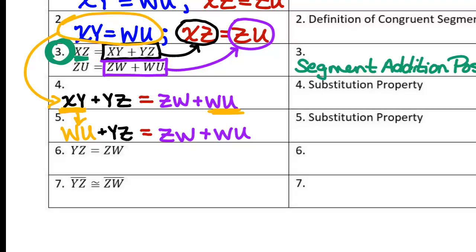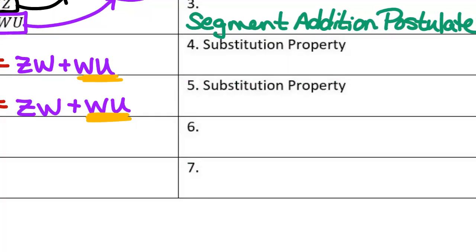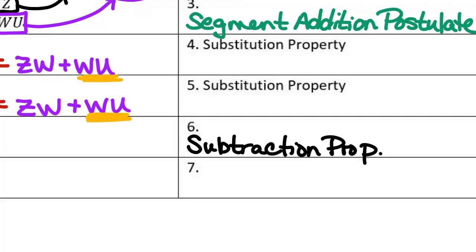Now do I have the exact same thing on both sides that I could get rid of? Yes, I have WU here, and I have WU here. And what can I use to get rid of the exact same thing on both sides? Yes, subtraction property of equality.